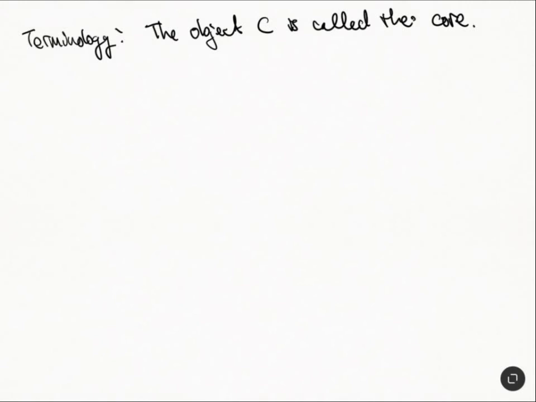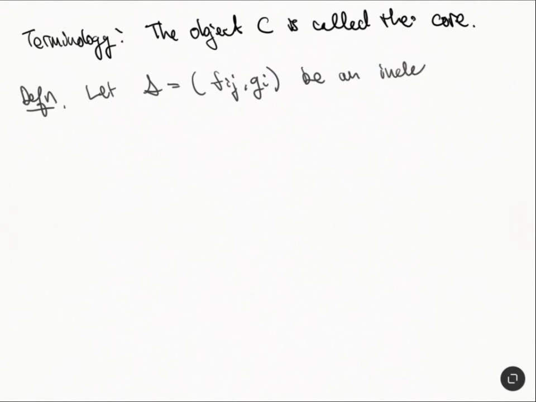Okay, so let me give some more terminology. Definition: let S, consisting of these F_ij and G_i, be an indeterminacy diagram. I'm going to define a notion of indeterminacies of the diagram.